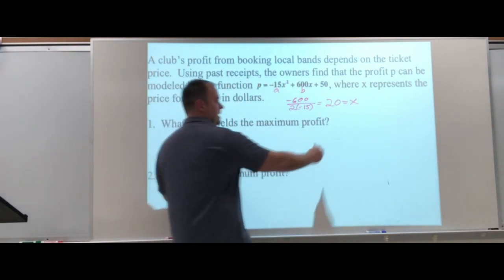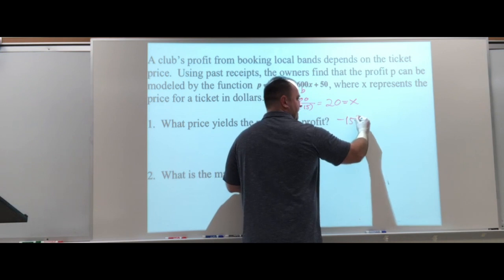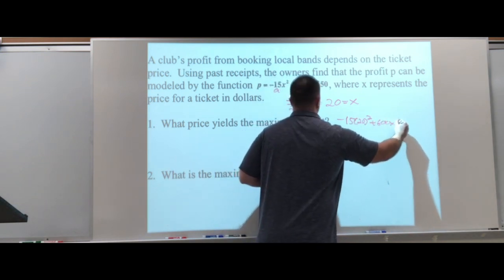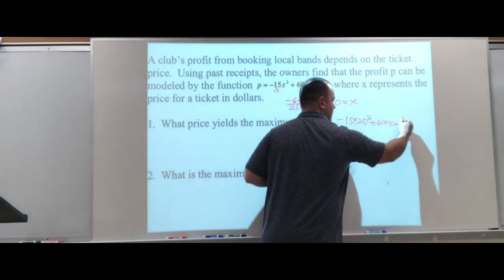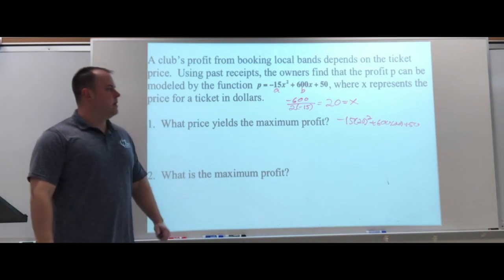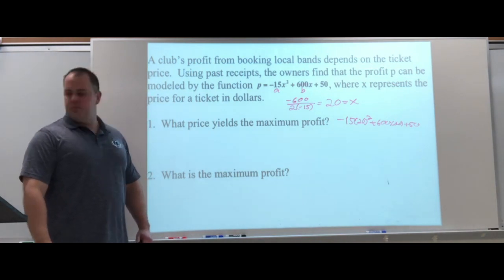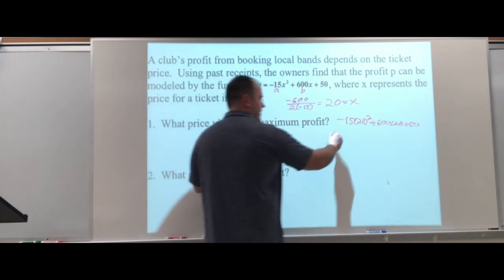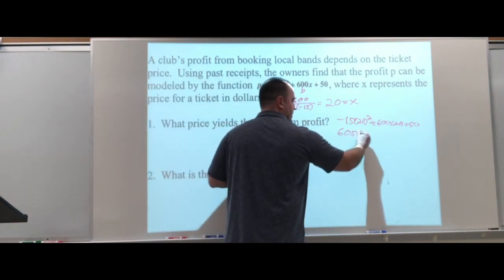Now plugging that back in, negative 15 times 20 squared plus 600 times 20 plus 50. That would give us $6,050 for our P.